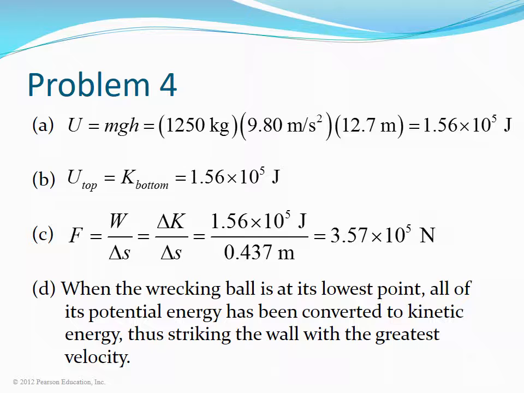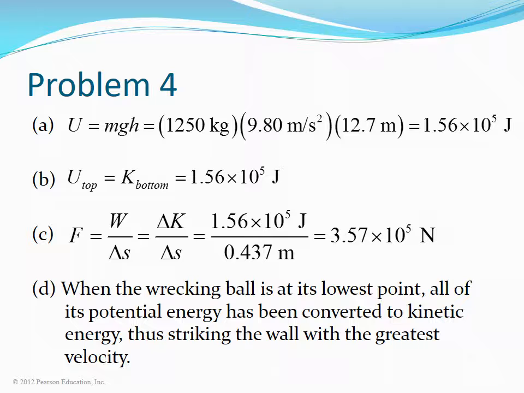Did you get 1.56 times 10 to the 5 joules for the amount of potential energy? The conservation of energy says the potential energy at the top must equal the kinetic energy at the bottom, and so it is also equal to 1.56 times 10 to the 5 joules. The force is the work done.